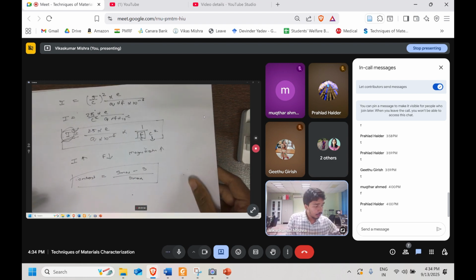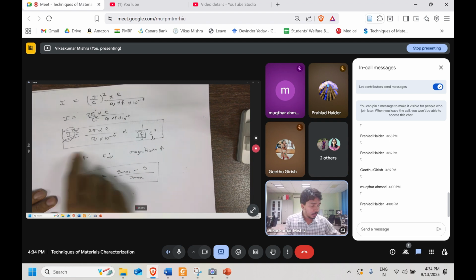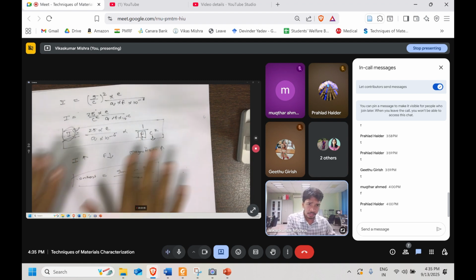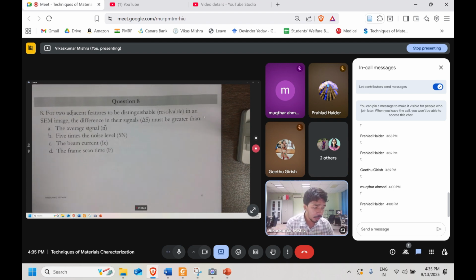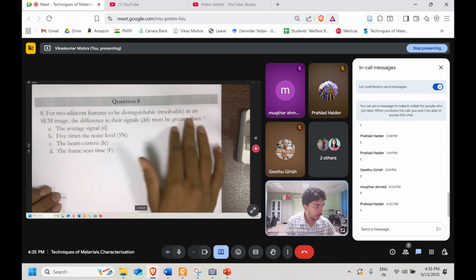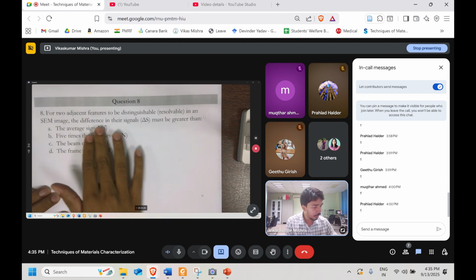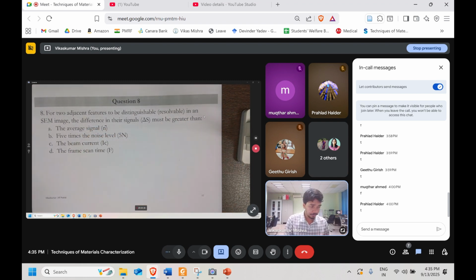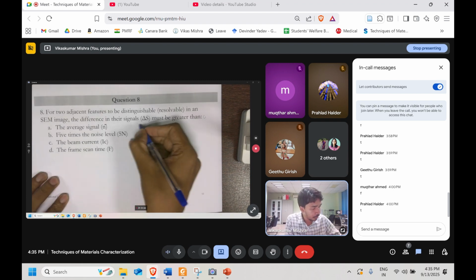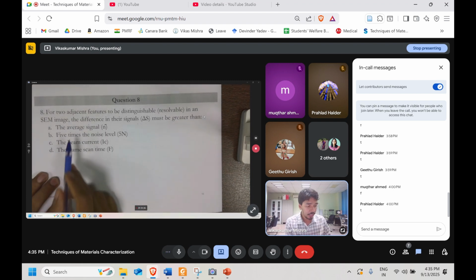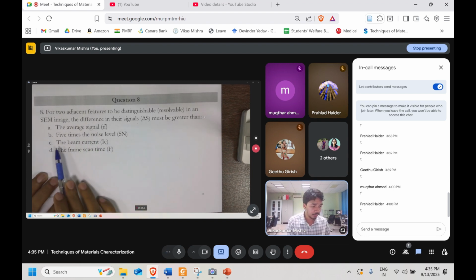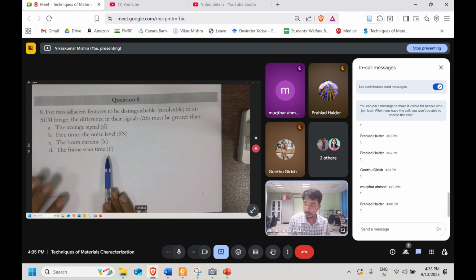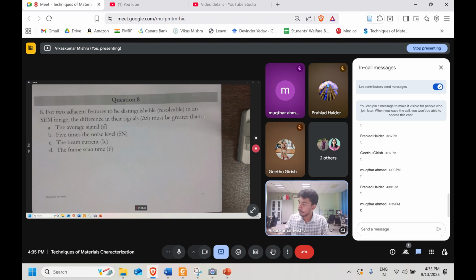So see, now our concern is about this particular equation. For two adjacent phasors to be distinguished in an SEM, the difference in their signal must be greater than A, B, C, or D. The average signal, 5 times the noise level, the beam current, or the frames.